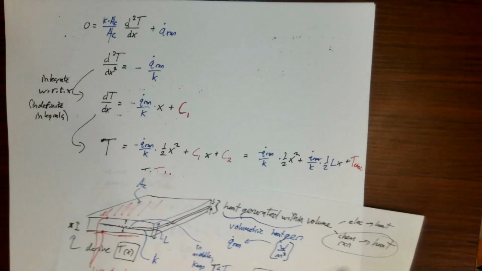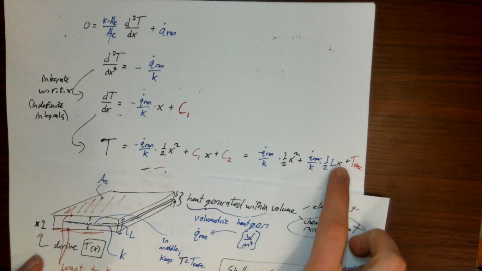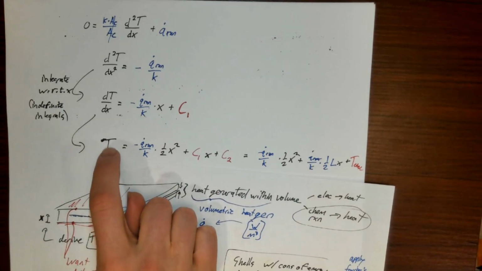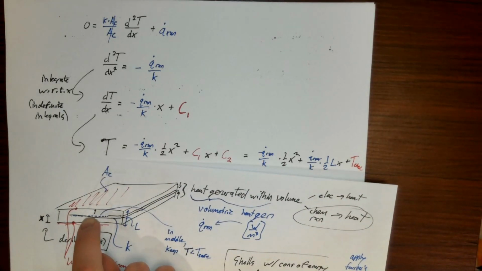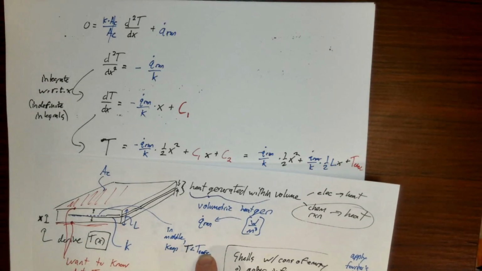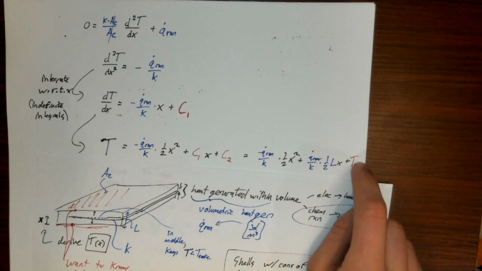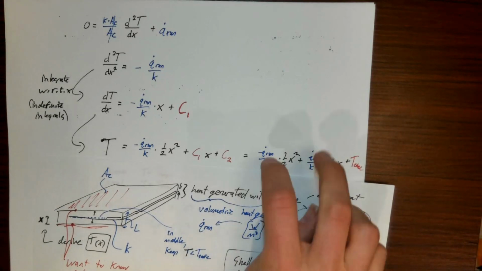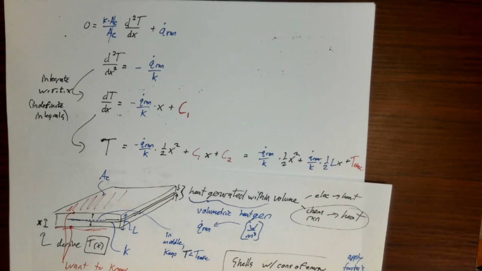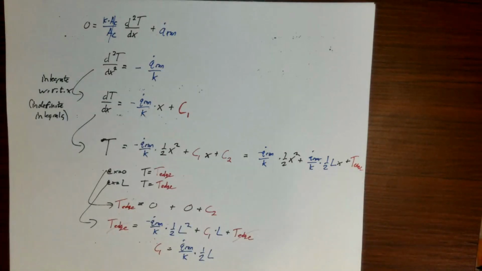We now have our T as a function of x, so we can evaluate this expression also at the middle right here. At the middle, we're going to set it equal to the safe limit, and then get T edge in terms of the safe limit as well as the rest of the known constants. So what's the plan?